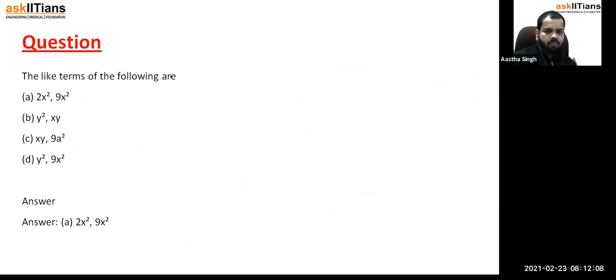The same question. Okay, let me just write right here. Your variables are x square and in the second term also x square. Yes, it is right because your 2x square and your 9x square, the coefficient of the variable can be different.